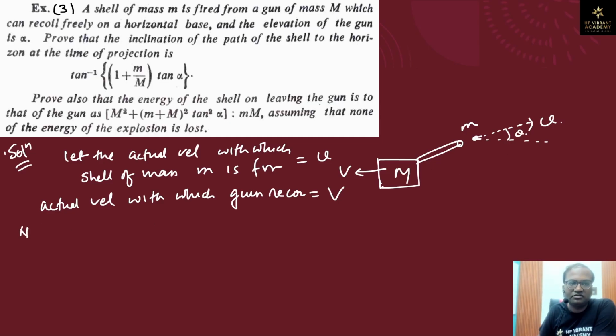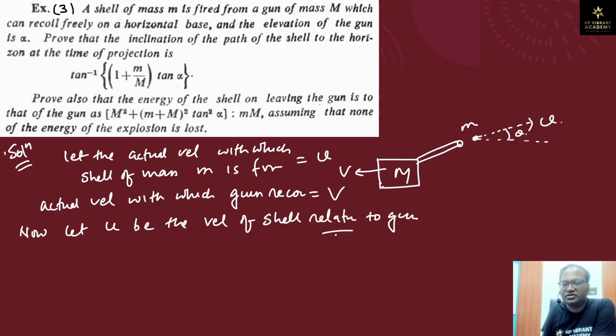Now let small u be the velocity of shell relative to gun. Since we are taking the relative velocity, the angle of inclination of the relative velocity will be alpha. This is the direction of relative velocity. Small u is the relative velocity of shell with respect to the gun, and this is the actual velocity.